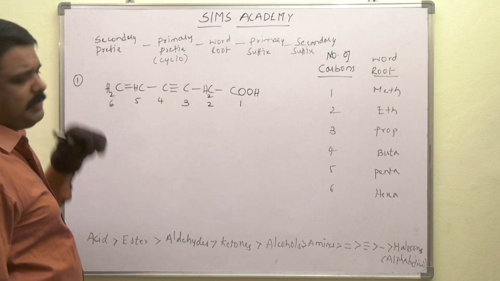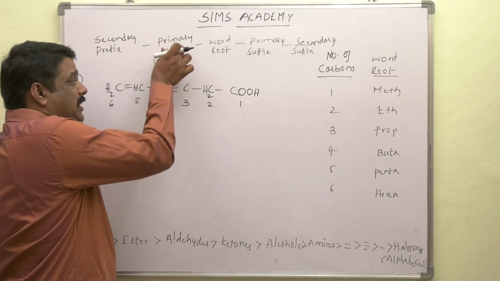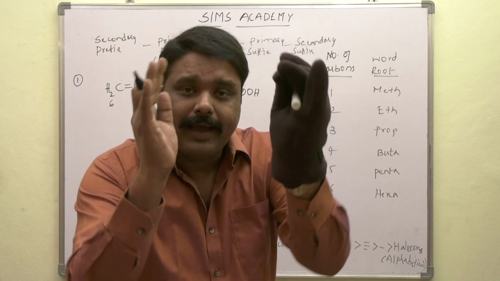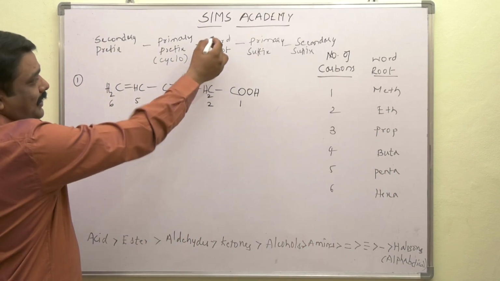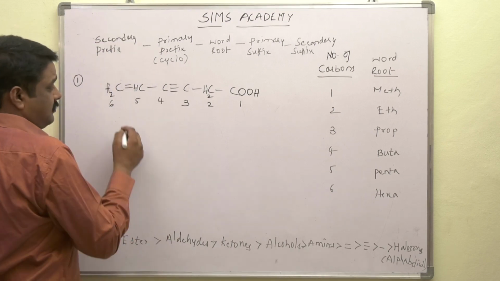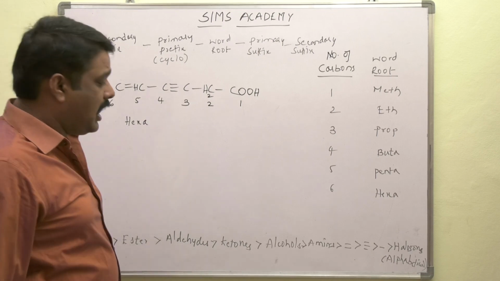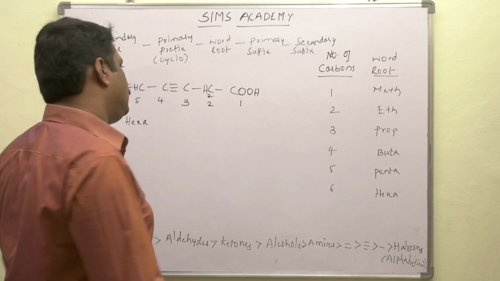No substituents have been given, hence no secondary prefix. Primary prefix deals with cyclic compounds, and this is not a cyclic compound. Coming to the word root, it is 6, in the sense hexa. Now, the primary suffix deals with saturation or unsaturation.